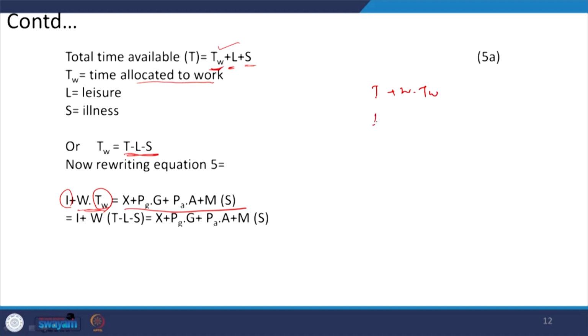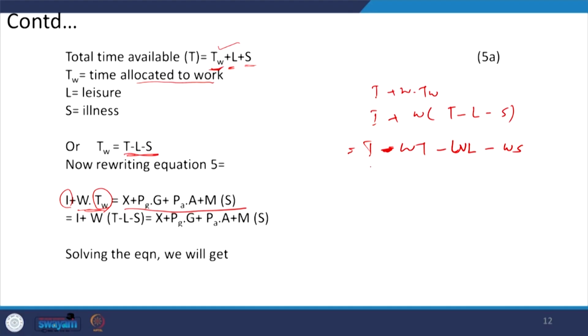So we are doing I plus W into T minus L minus S. This is the left hand side, and here it will be WT minus WL minus WS, right.